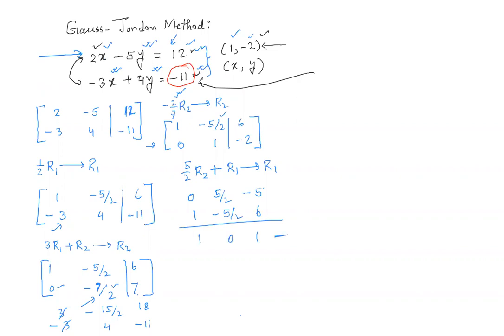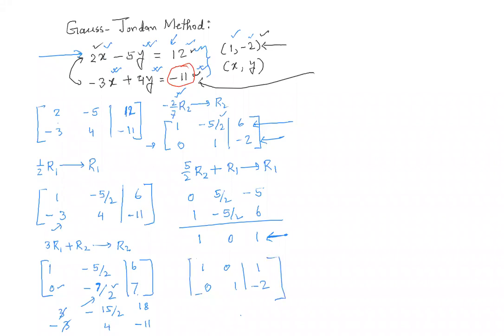So your new row 1 becomes this, 1, 0, 1. That's your row 1. Okay. And then row 2 is this. We didn't do anything to it. 0, 1, -2.